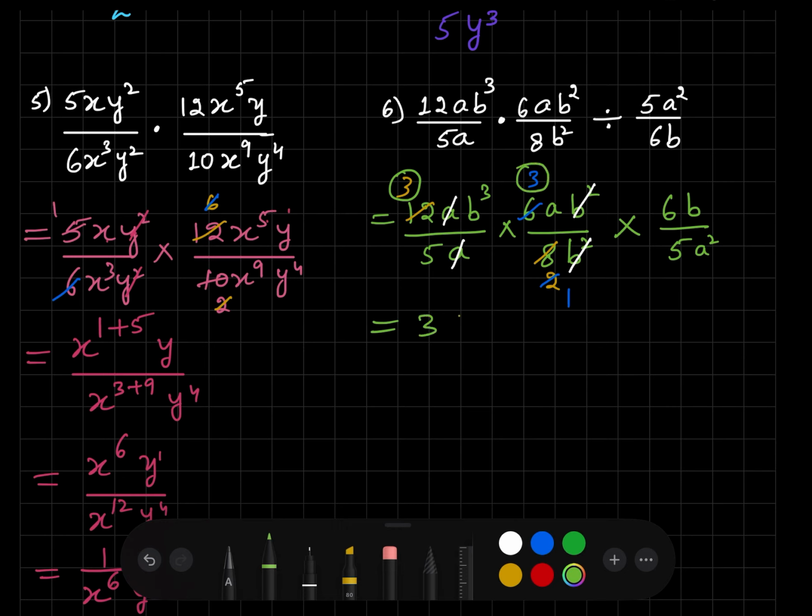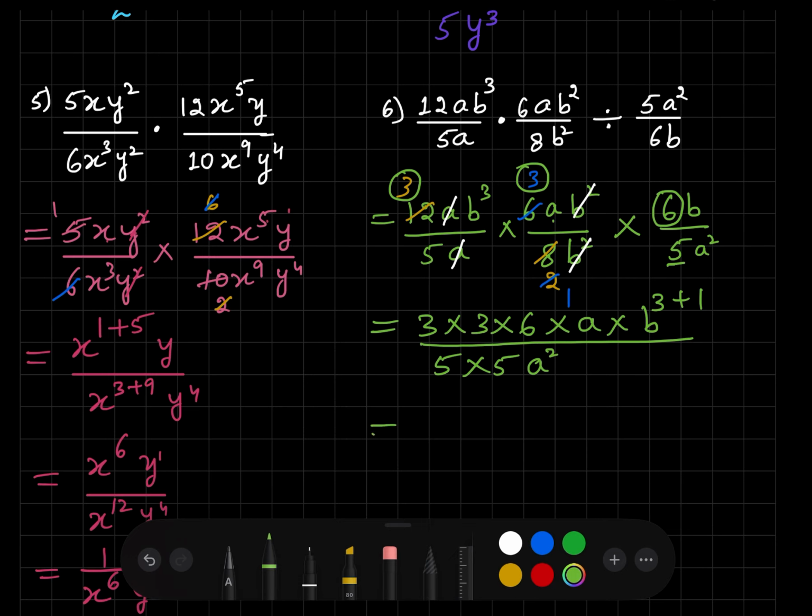So 3 multiplied by 3, then this 6 is also there, multiplied by 6, and then we are left with this a, then b raised to 3 plus 1, now over 5 times this 5 and a squared, no b's here.